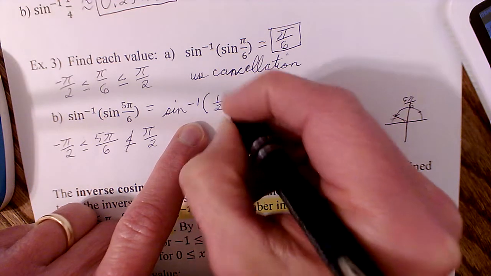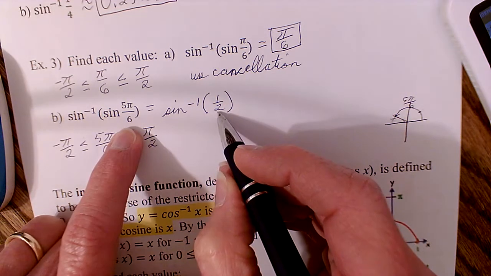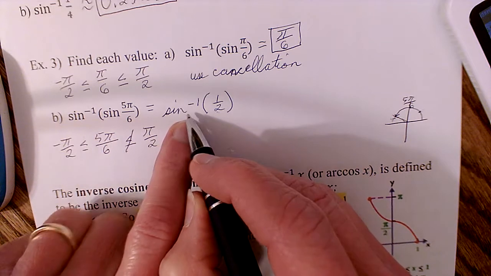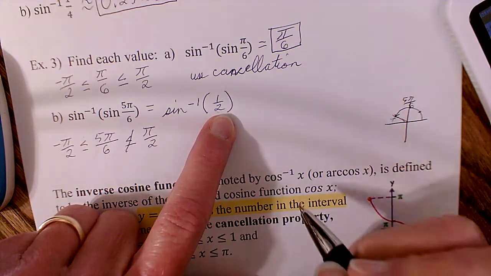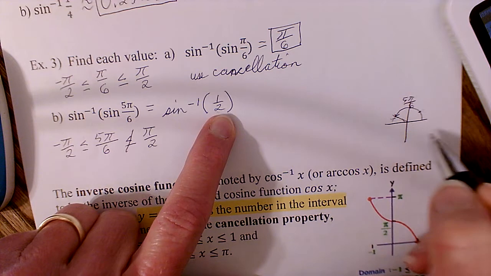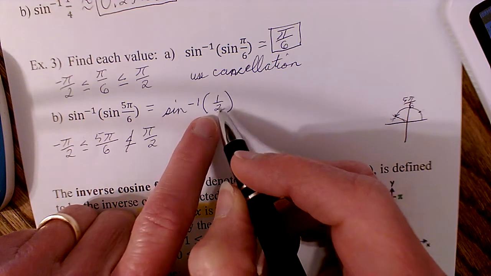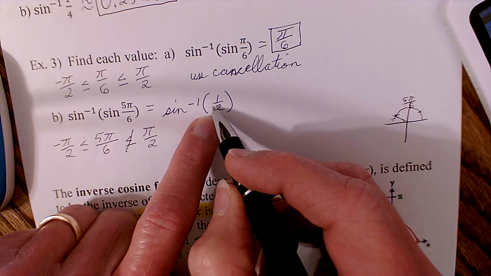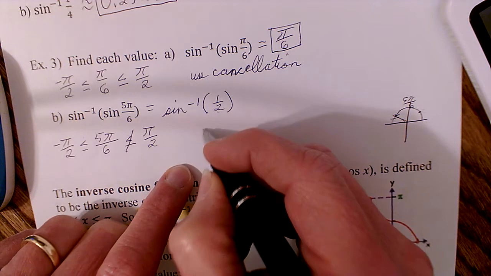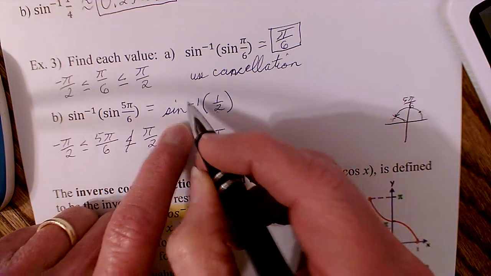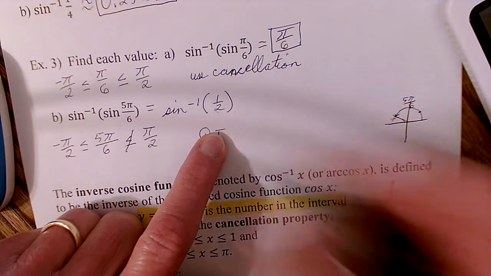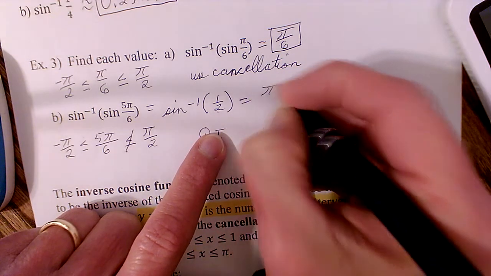Now that inside part becomes 1/2, so now we want to know the angle whose sine was 1/2, but it needs to be in quadrant 1 or quadrant 4. So what quadrant are we going to need to use since we're getting a positive number? That's going to be quadrant 1. And so the angle that gave us a sine of 1/2 is going to be pi over 6.